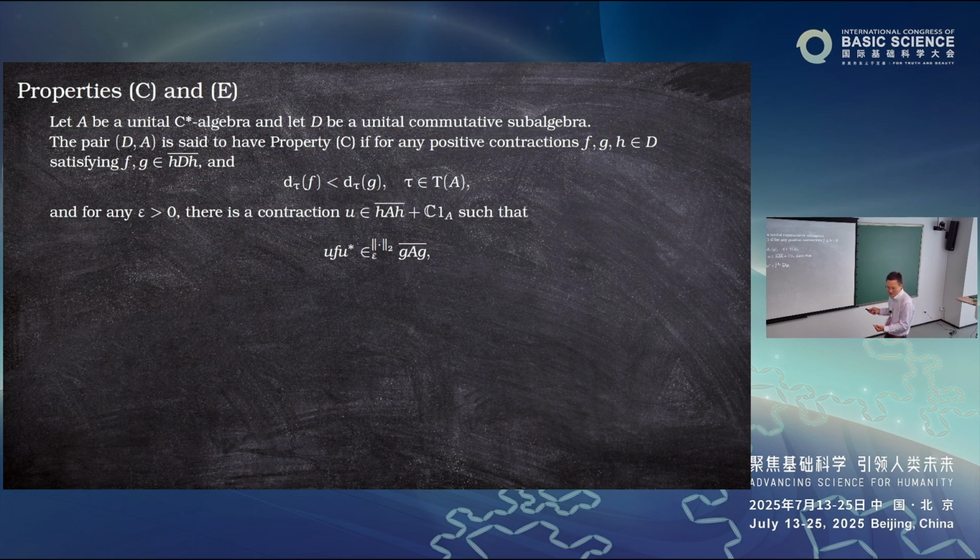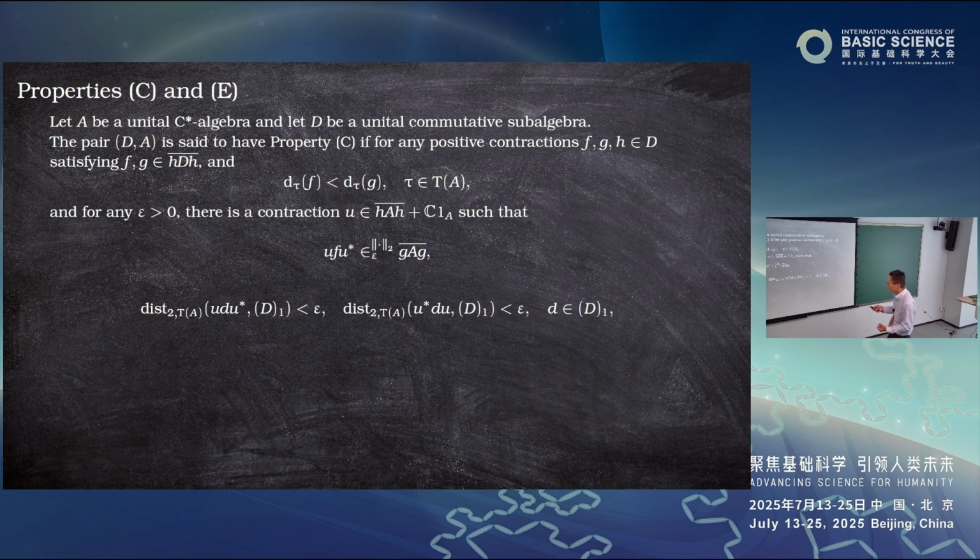You can compare them. That is not something uncommon, but here we require something more. How to twist it? We really require this element u to be something called an almost normalizer. So you not only twist f inside g, but if you start with an arbitrary element in the commutative subalgebra, you should end up with something almost in the commutative subalgebra, in the trace norm.